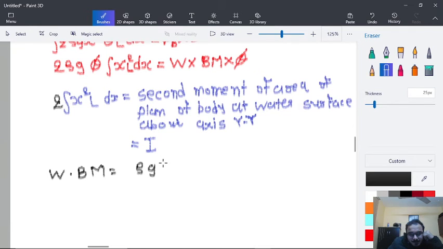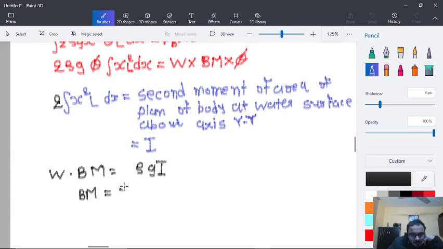Rho G I. So we are getting the value of BM is equal to rho G I divided by W.